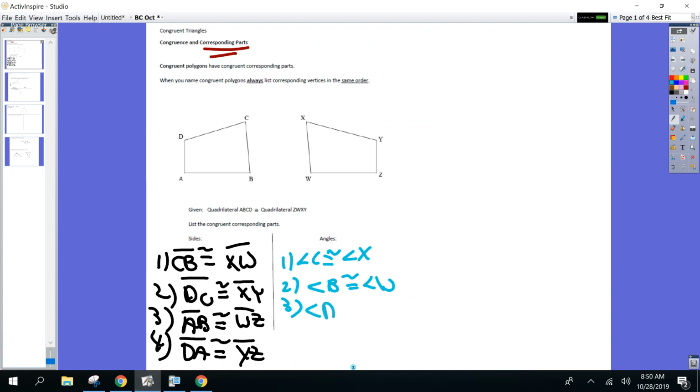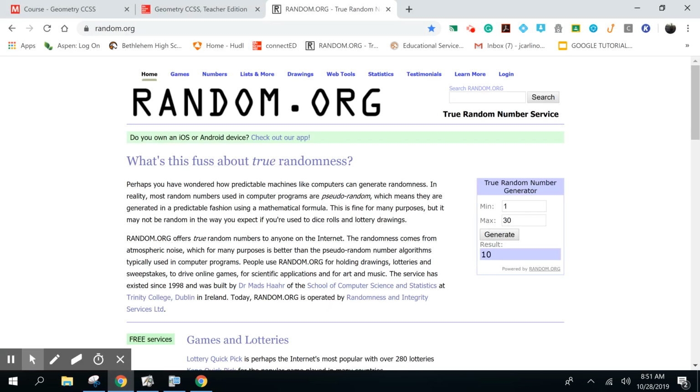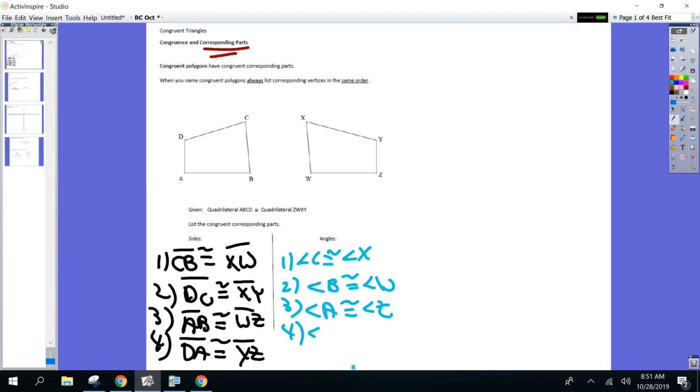Yes. And finally, the final pair of corresponding angles. Angle D congruent to angle Y. Okay. So if two polygons are congruent, their corresponding parts are also congruent.